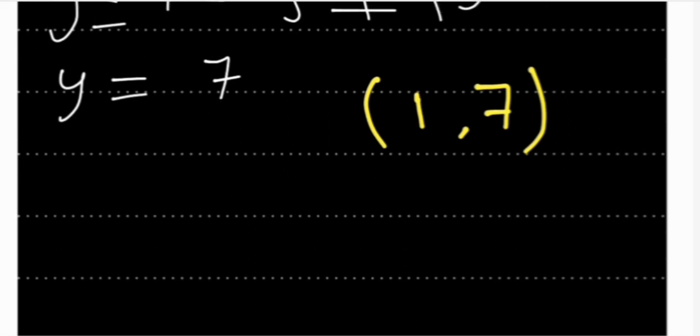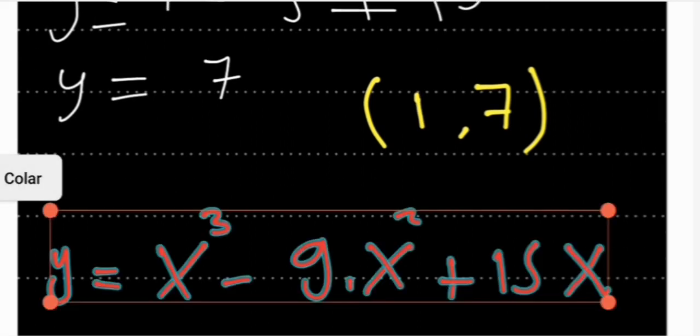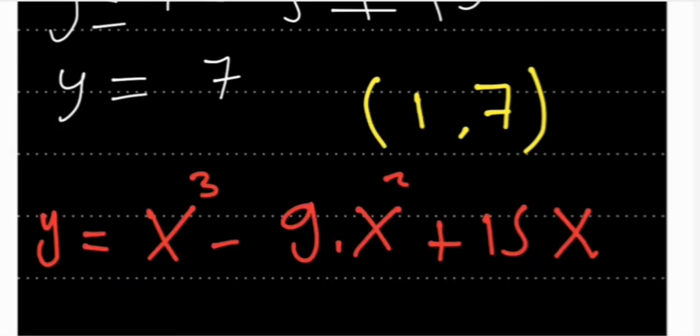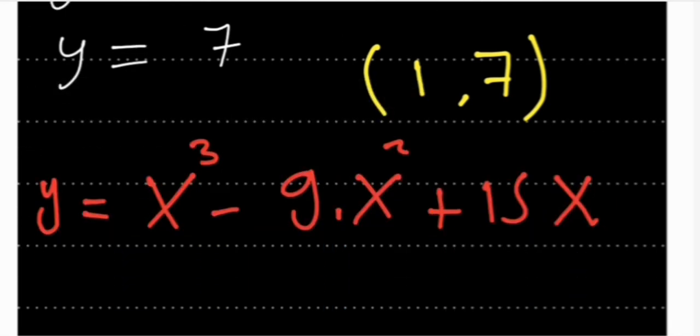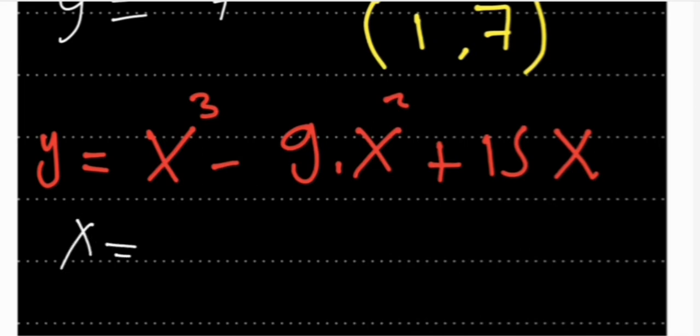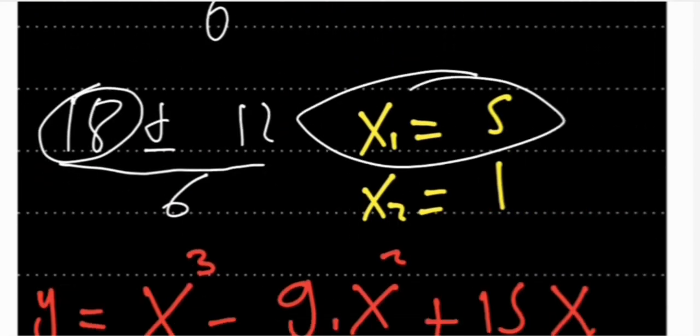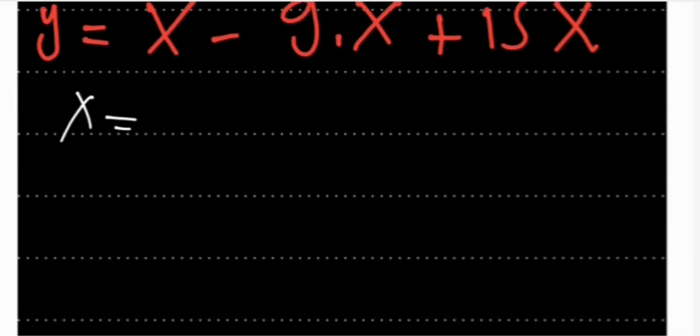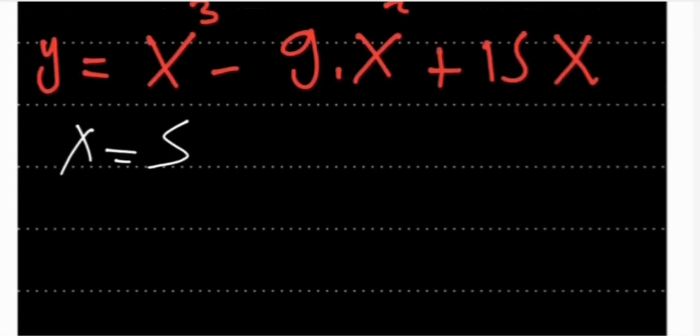Okay, now let's test when x equals the other root over here, x equals 5, right? So let's test x equals 5. So 5 cubed is 25 multiplied by 5, which is 125, right?